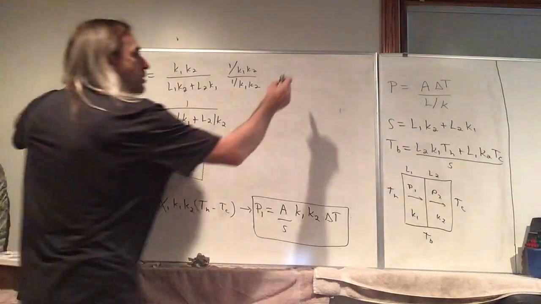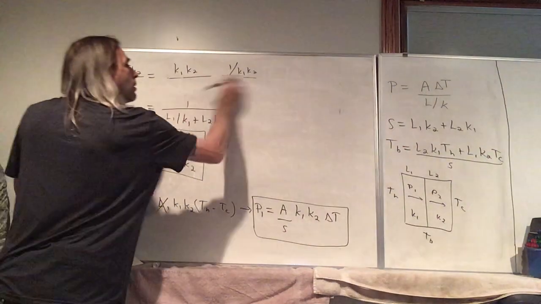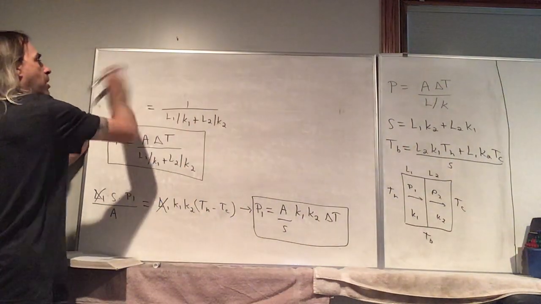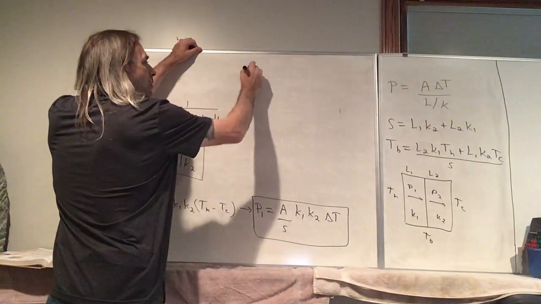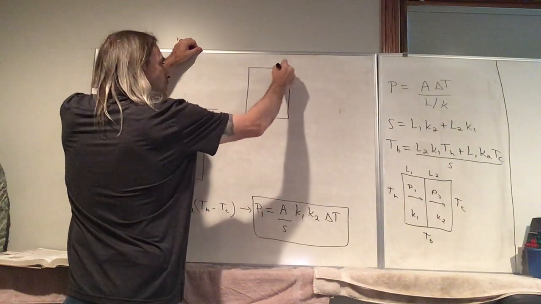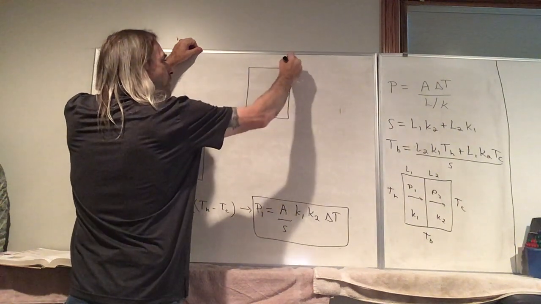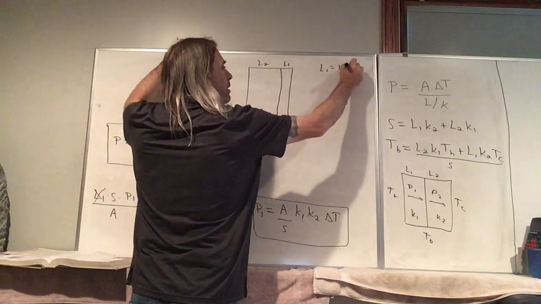So I'm going to put this picture back here. I'm going to write it like we had it before. We're going to have the same numbers as before. I think this was L1 and this was L2, where L1 was 19 millimeters.